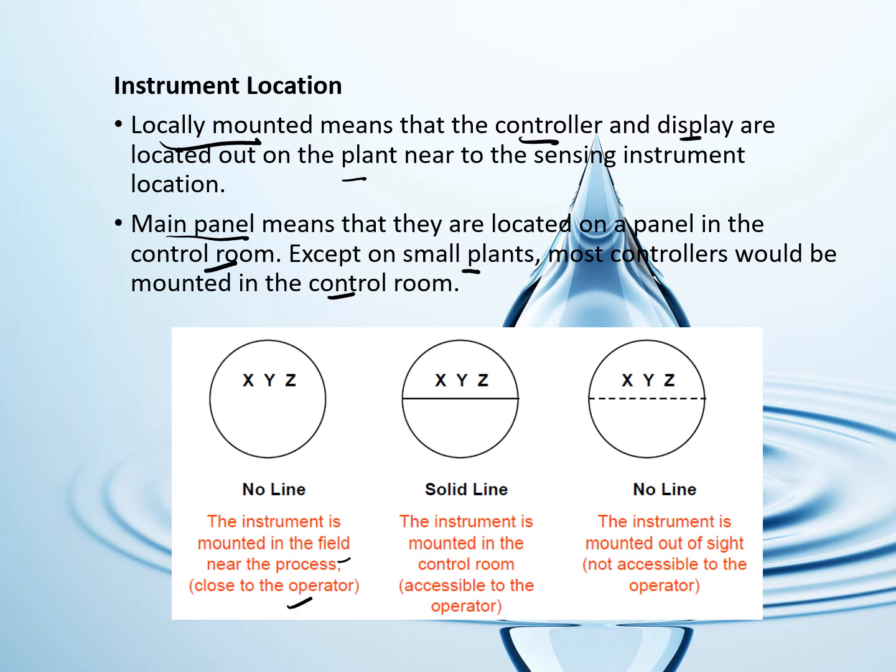If the instrument symbol has a solid line, the instrument is mounted in the control room, accessible to the operator. If the instrument symbol has a dashed line, it means the instrument is mounted out of sight, not accessible to the operator. So this one also you need to consider in your P&ID.